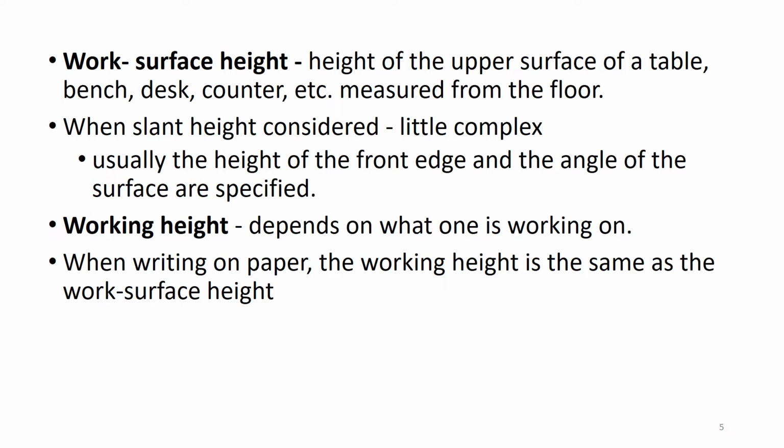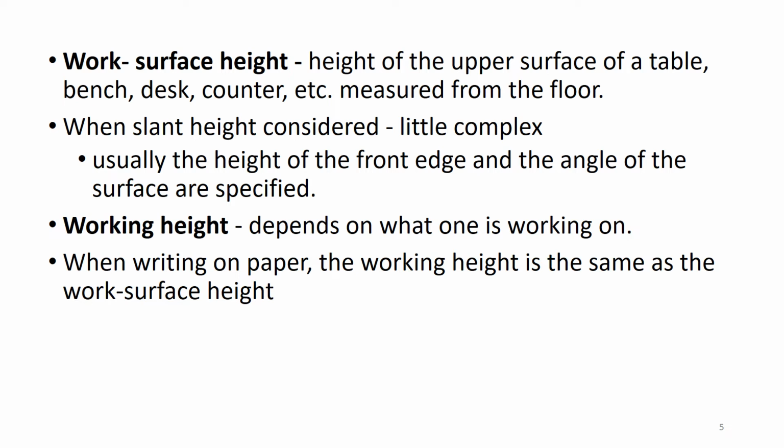Now sometimes we will be using slanted work surfaces. Slanted surfaces are nothing but surfaces which have a small inclination and which are flat. In those cases, it is not easy to define the work surface height, or rather it is a little complex. Usually in slanted work surfaces, the height of the front edge from the floor and the angle of inclination will be specified.